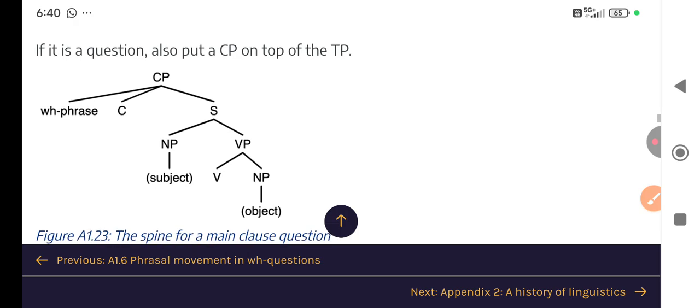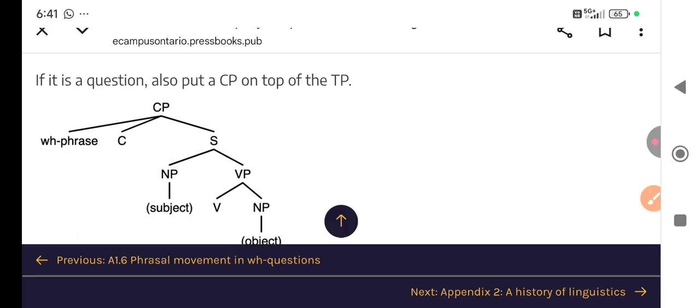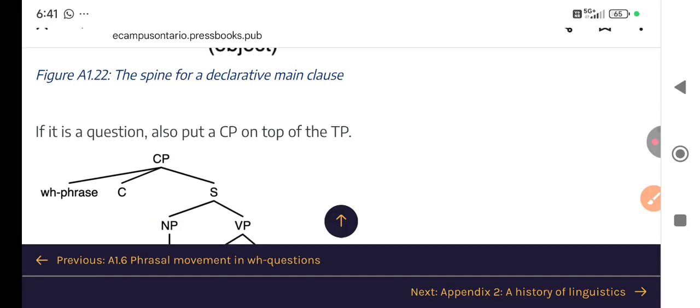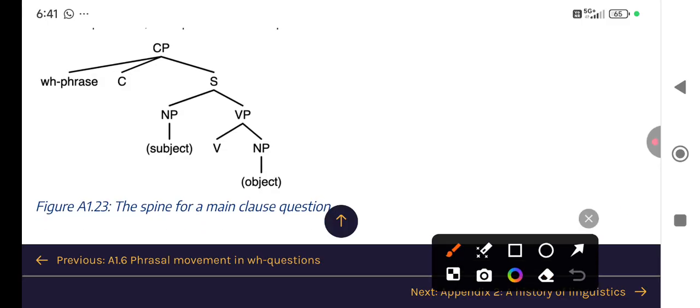That's a clause phrase on top of the TP, right? Tense phrase. So what the spine is, here clause phrase, what WH phrase, then clause, then sentence, and then NP, VP, and other. This way, right?